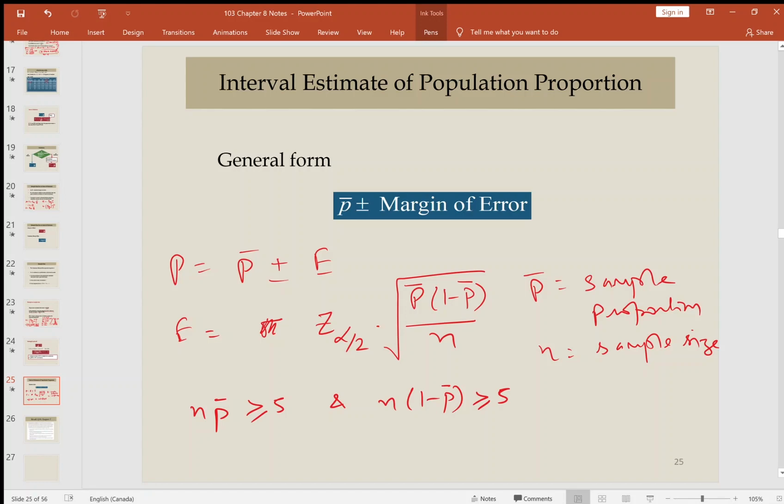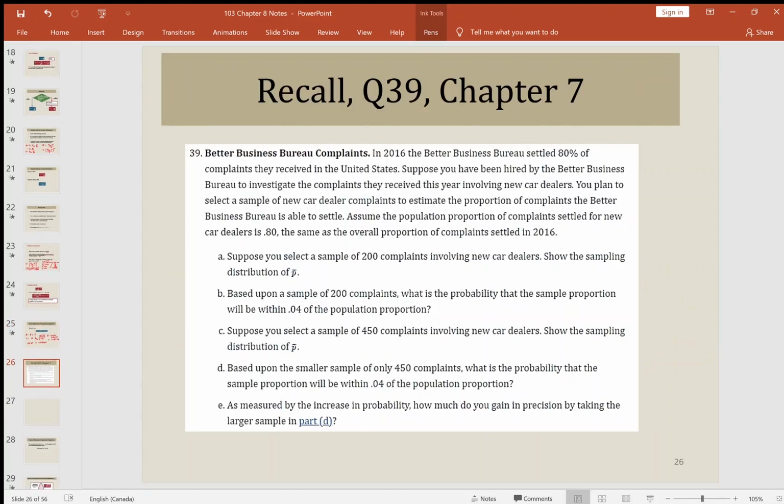Okay, and to give you a context for this question, if you go back to question 39 from chapter 7, they said in 2016, the Better Business Bureau settled 80% of the complaints they received in the US. Suppose you've been hired by the Better Business Bureau to investigate the complaints they received this year involving new car dealers.